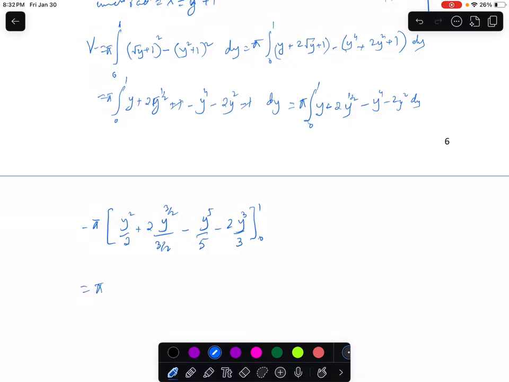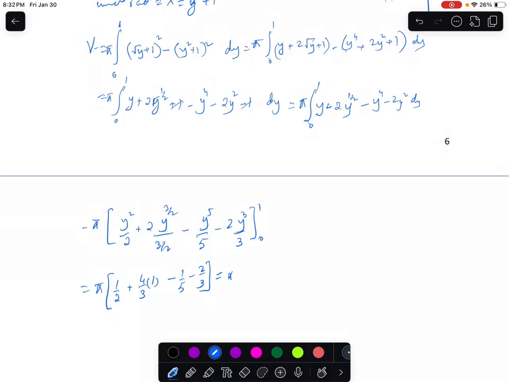Pi, plug in 1, so I get 1 over 2 plus 4 over 3, because 1 to the 3/2 is just 1, minus 1 over 5 minus 2 over 3.